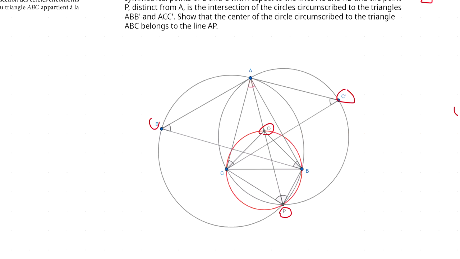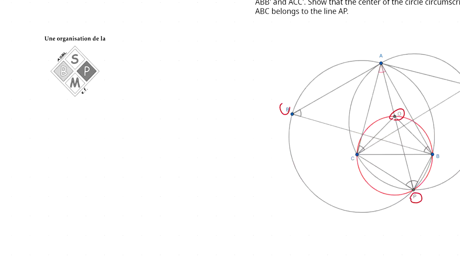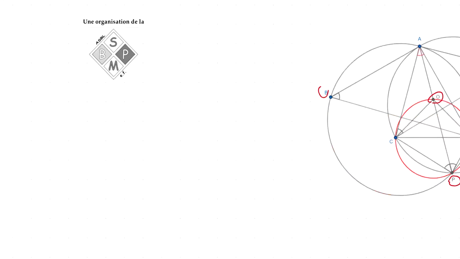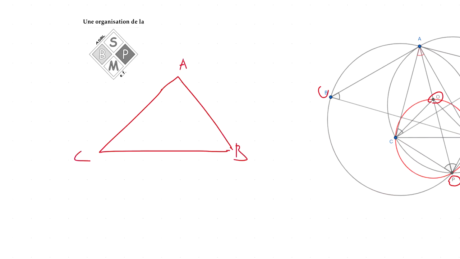To solve this question, I want to show a lemma, some basics about the circumscribed circle. For example, if we have a triangle ABC, and assume the center of its circumscribed circle is O. This point is O, the center of the circle.